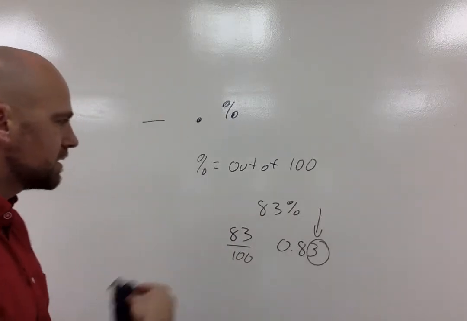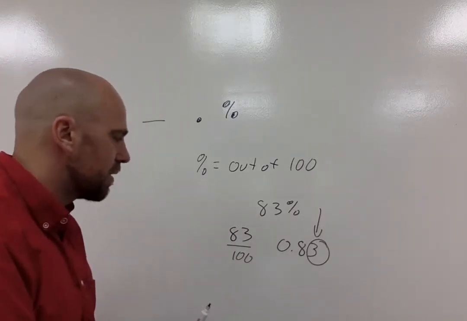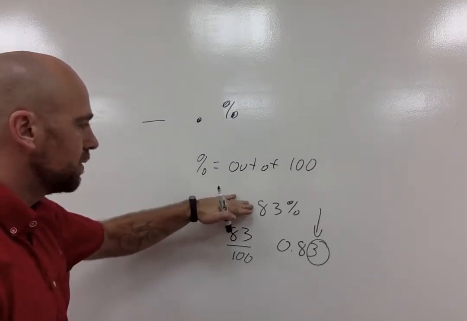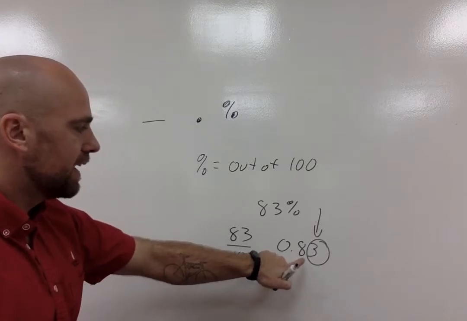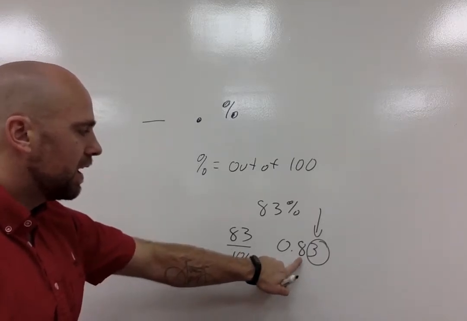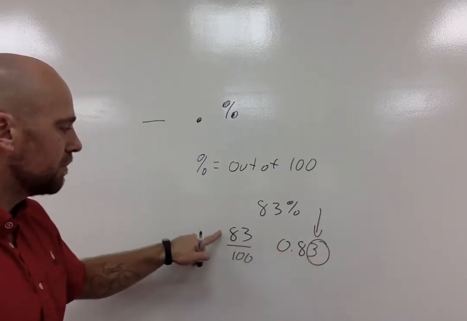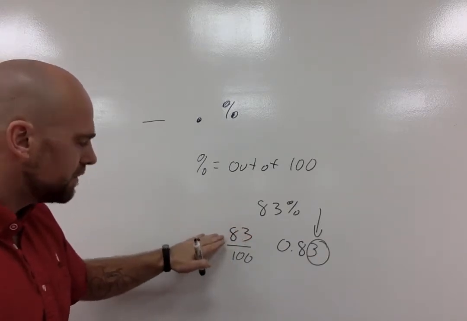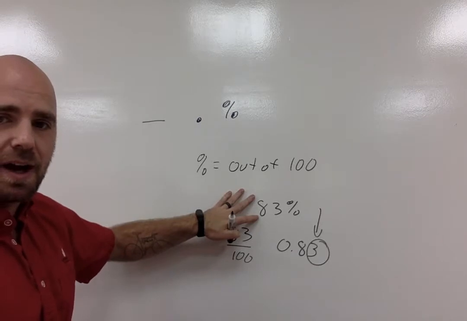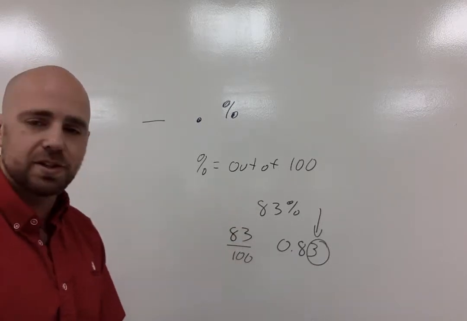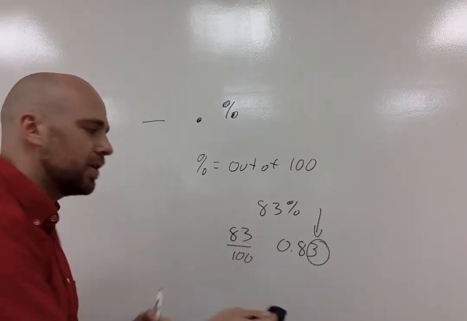Okay, so this is a reminder of what we do when we're changing one to the other. When we have a decimal, we look at the hundredths place value. We can place that over 100, for example. Once we get it to 100, whatever is over 100 is going to be what our fraction or our percent is. Okay, so we can go back and forth.